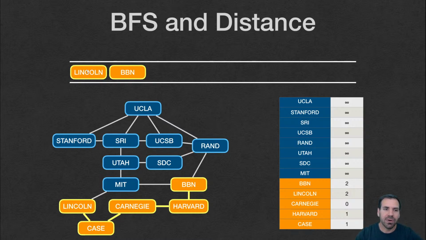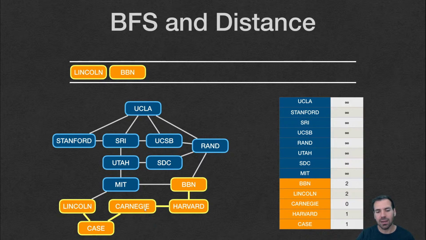The way the tie is broken is the order of the nodes in the queue. Lincoln is first in the queue, so Lincoln is going to get to explore MIT. When BBN is dequeued, it's going to look at MIT, see that it's already been explored, and skip it, and then still go to Rand. So the way the tie was broken was the order of Carnegie's neighbors.